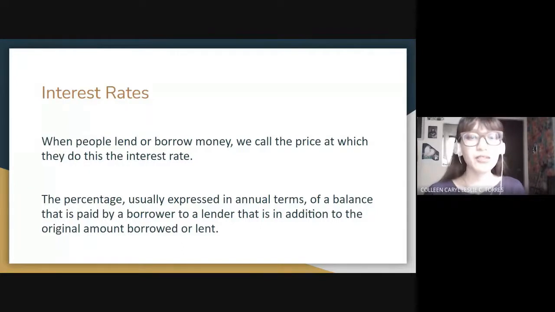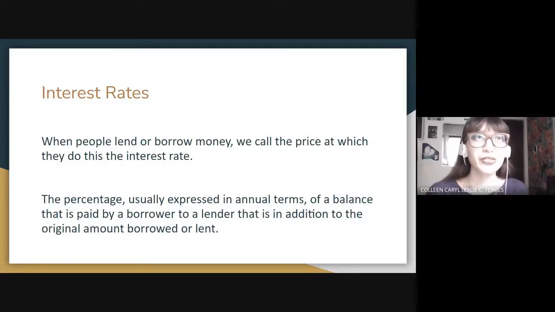Sometimes, for instance, in the case of a pawn shop, they put a 10% interest rate. So if you loan 5,000, you would have to pay an interest rate of about 5% or 10%. So that's around 250 pesos to 500 pesos interest.